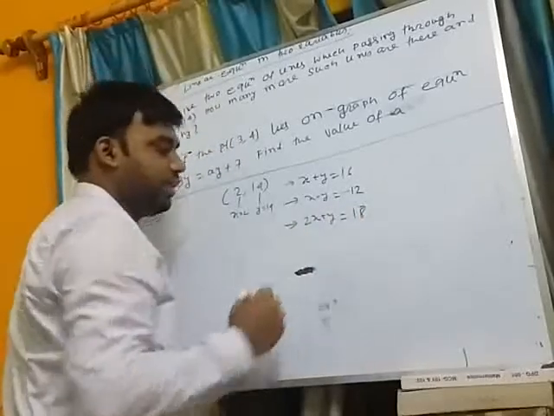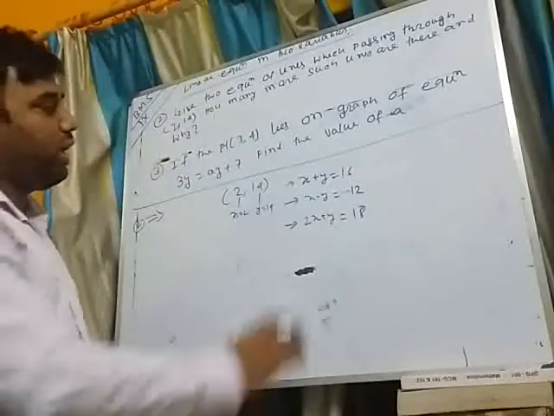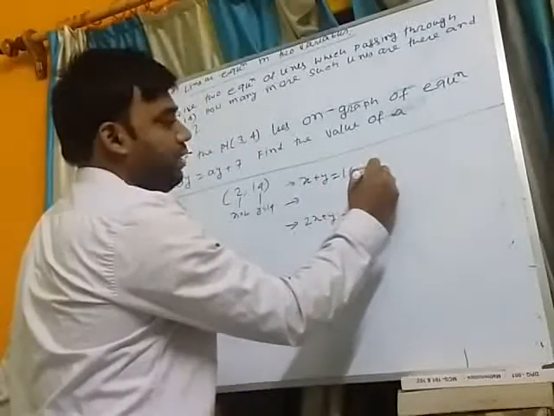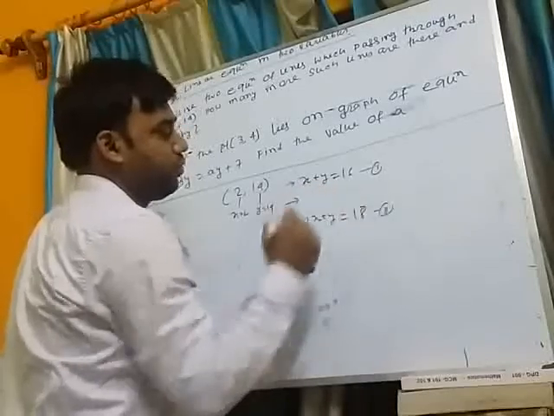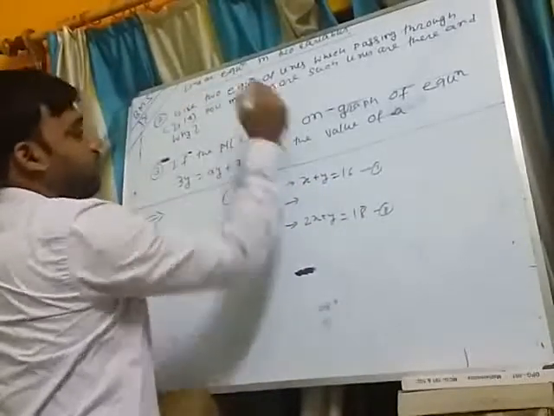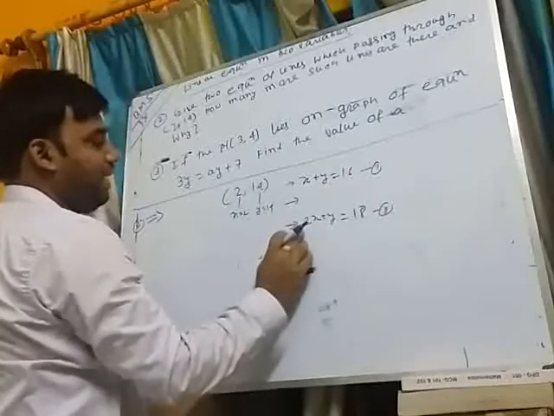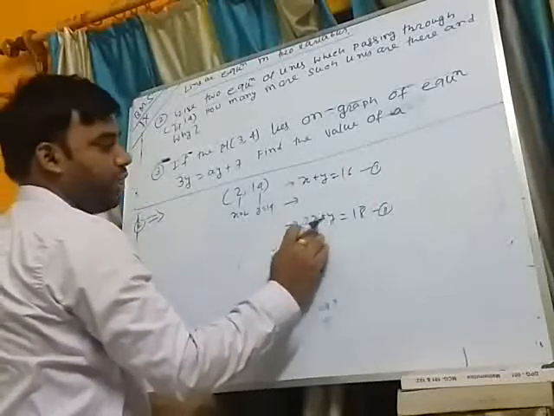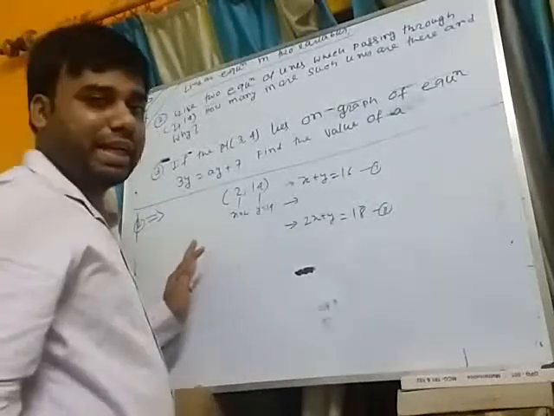That is another equation. So I am taking the first one and the second one: x plus y equal to 16 and 2x plus y equal to 18. That is the second equation.